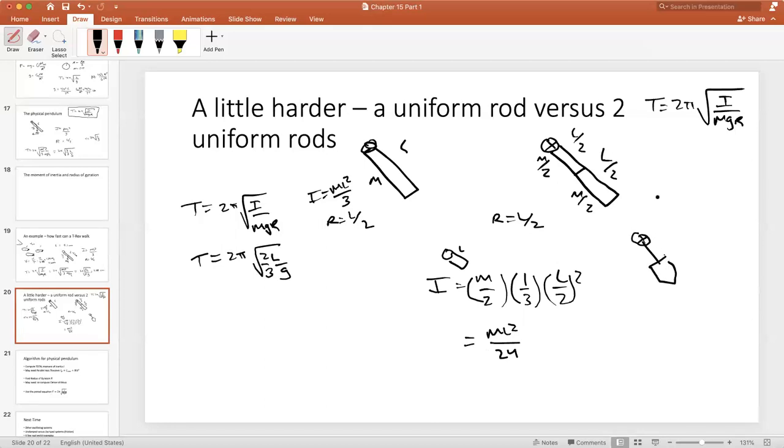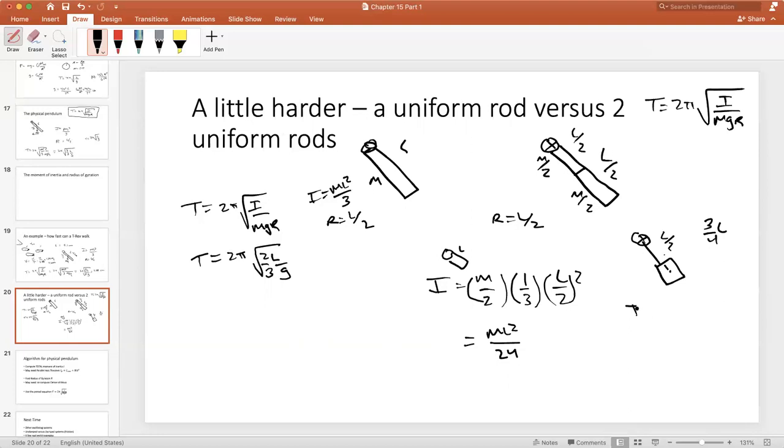So the second rod is rotating at a distance L over 2 away, but its center of mass is actually at a distance of, sorry, 3/4 L away from the axis of rotation.